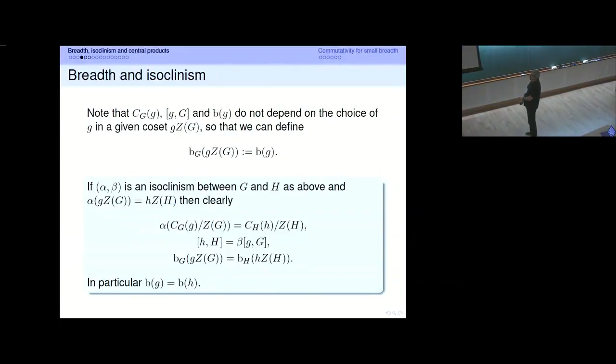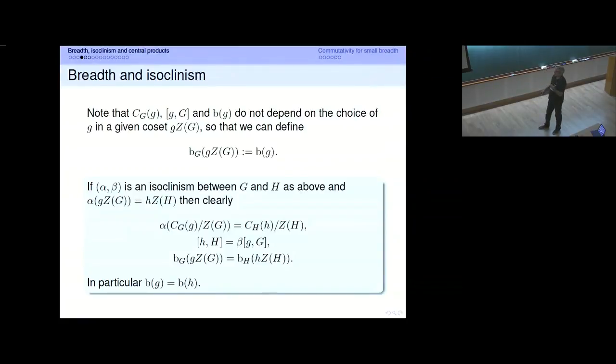Now, if I have an isoclinism between two groups, then clearly if I take an element of a coset of the center and the map alpha that sends it to a coset of the center of H, then alpha sends the centralizer of that element modulo the center onto the other centralizer, and the set of commutators too.